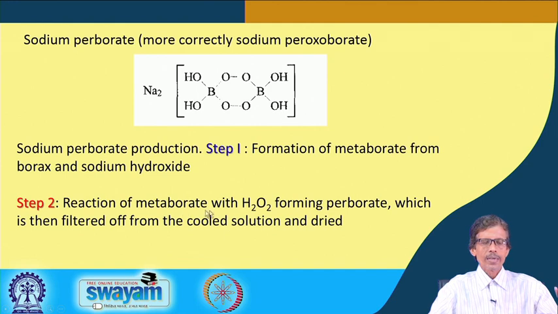In step 2, the metaborate reacts with hydrogen peroxide, and we cool the solution, precipitate out, and then dry the material. So, it has a typical peroxide linkage, a boron based peroxide compound. We can utilize it for different organic peroxide formation or other reactions such as free radical initiators or polymerization. Thank you very much.